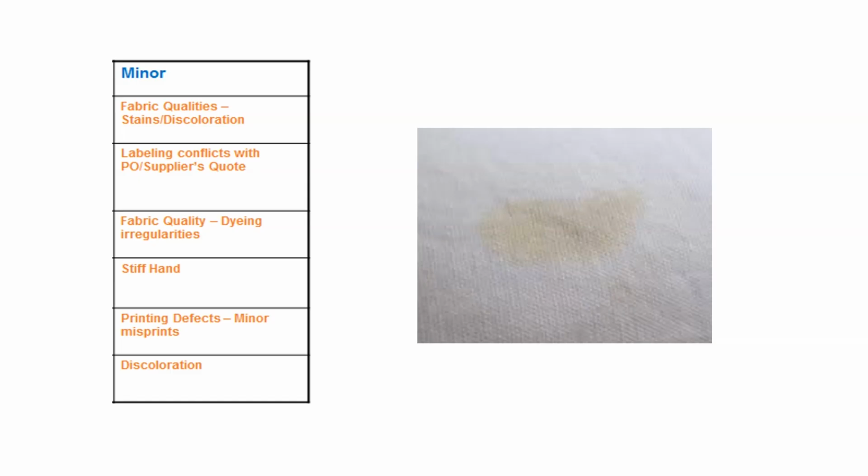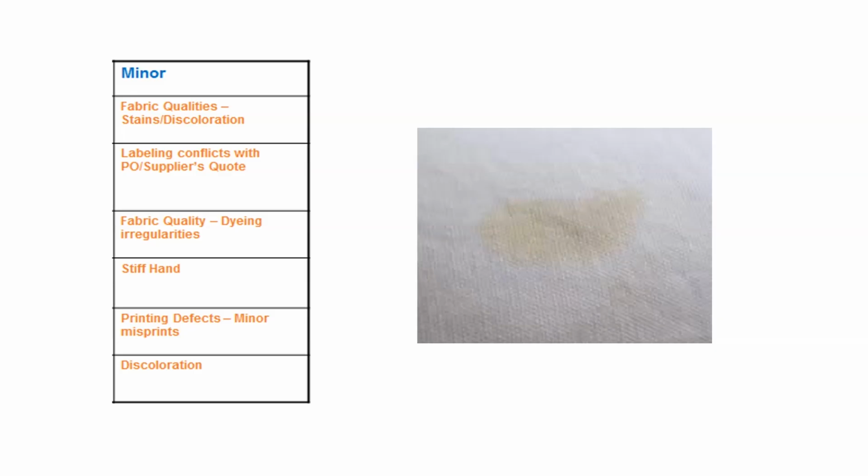So students, you have now understood the different classes of defects which may come in the fabric: critical defects, major defects and minor defects. Critical defects are there due to either a regulatory problem or health and safety issues, so it becomes very critical and you cannot ship the goods.